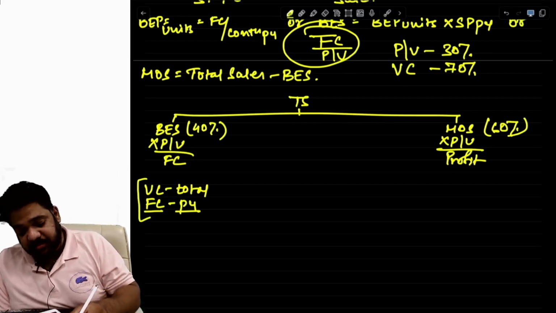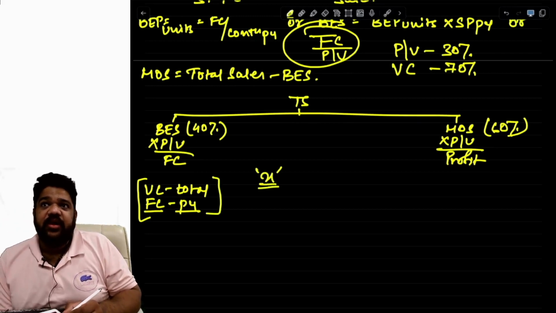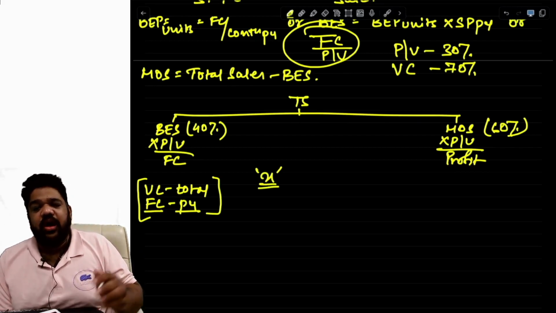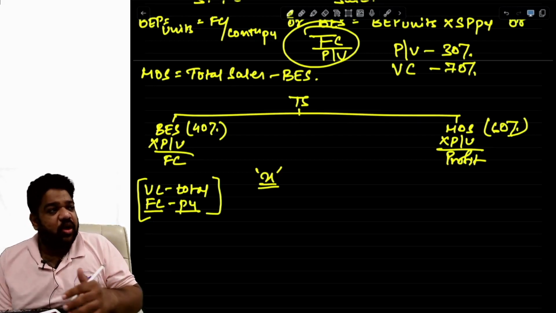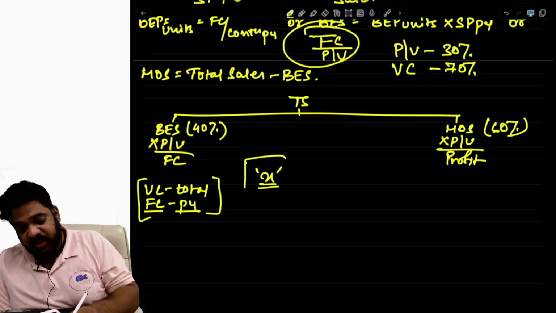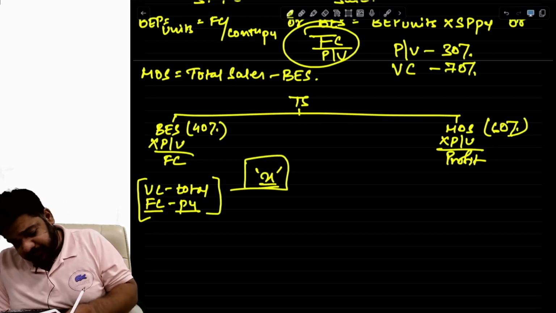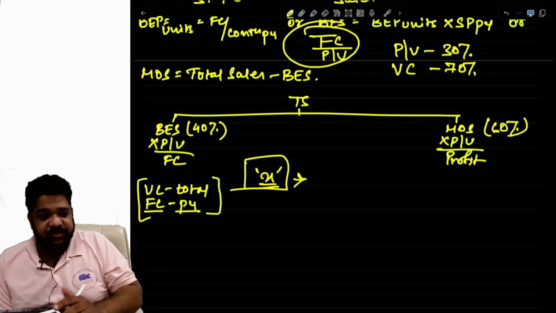Then comes the next part where you will be asked the X calculations. Sales to earn a profit of 10% on sales. How many units will be sold to earn a profit of 10% on sales? Something like that. All of those things are also being asked. So I'll call them the X questions. Now, while you're doing the X questions, there has to be one thing which is missing.